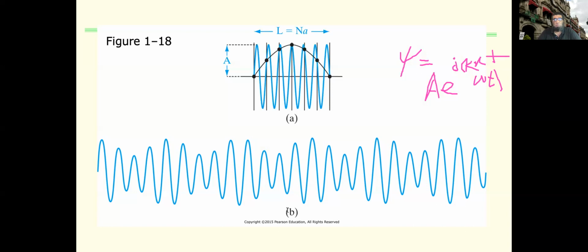Now, when we are dealing with a bunch of waves, the maximum range of k vector that we can deal with, we call this a Brillouin zone. Brillouin zone is something which we'll use a lot. Essentially, this is a representation of the waves in the maximum range of those waves that we can deal with.